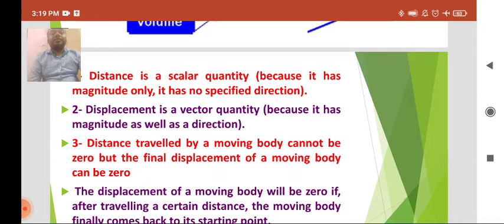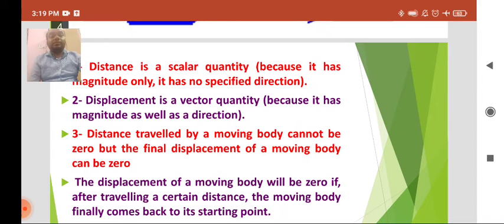Third point: the distance traveled by a moving body cannot be zero, but the final displacement of a moving body can be zero.